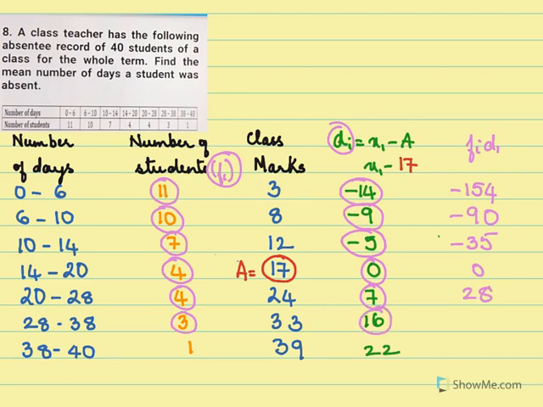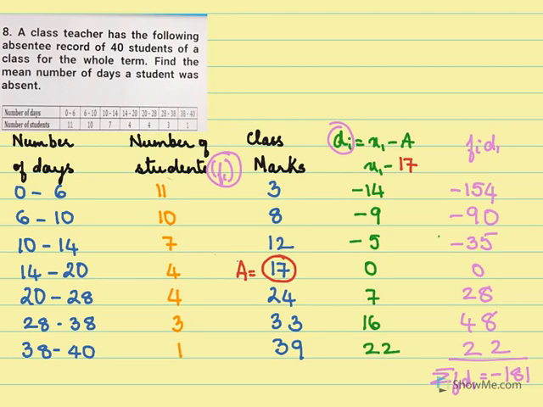Then fi 3, di 16, 48. fi 1, di 22, 22. We need to find sigma fi di, add up this whole total, and we'll get minus 181.